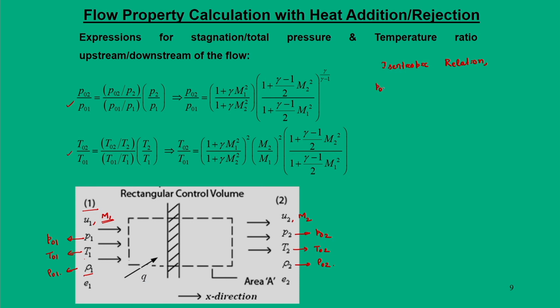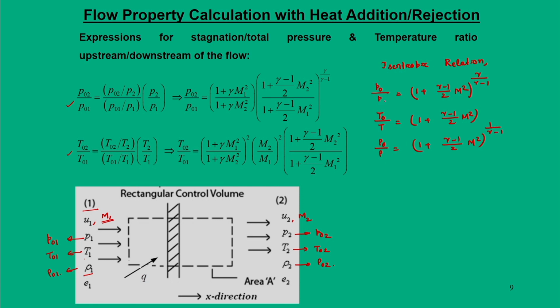So, we can write P naught by P is equal to 1 plus gamma minus 1 by 2 M square whole bracket to the power gamma by gamma minus 1, T naught by T is equal to 1 plus gamma minus 1 by 2 M square, and rho naught by rho is 1 plus gamma minus 1 by 2 M square whole bracket to the power 1 by gamma minus 1.